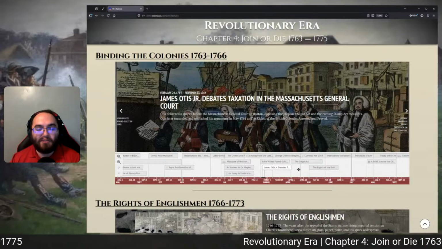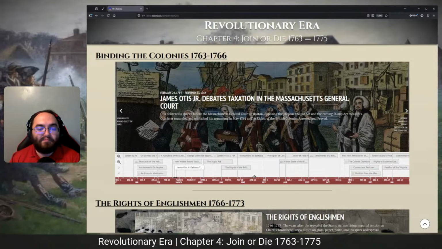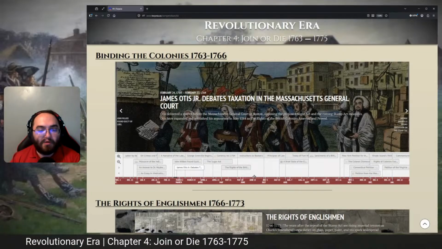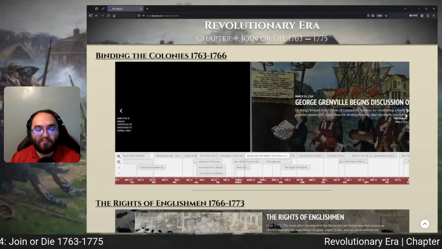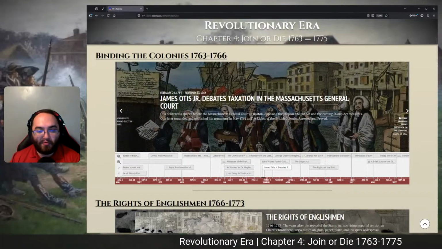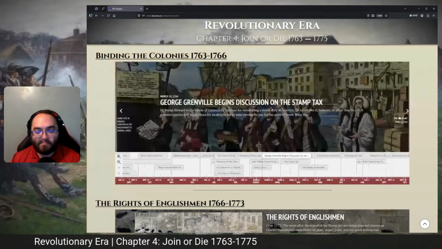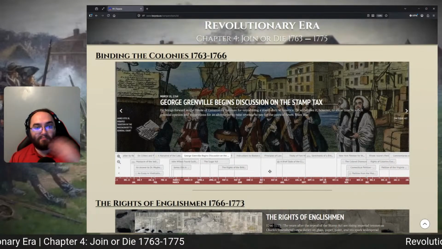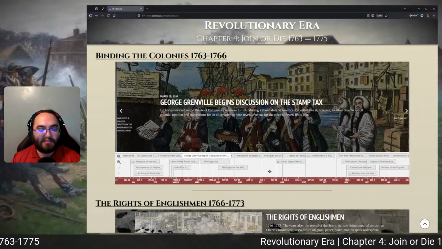And so this is now from the local to the General Court of Massachusetts and Boston, which is the colonial level. And James Otis Jr. becomes a very important early founder, early patriot. George Grenville, the prime minister, begins to discuss the stamp tax.